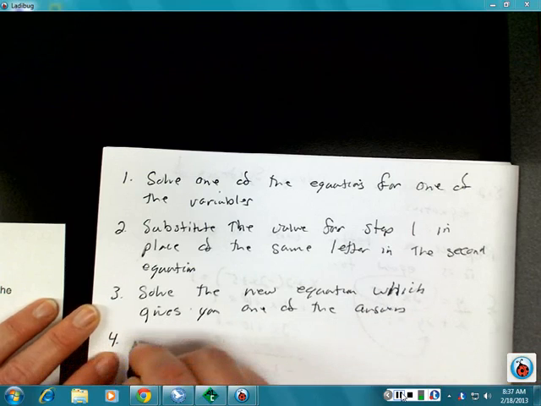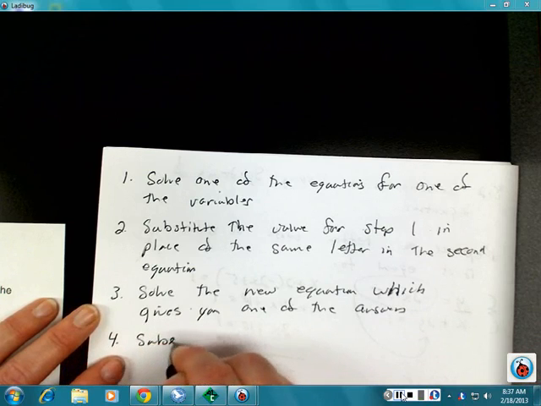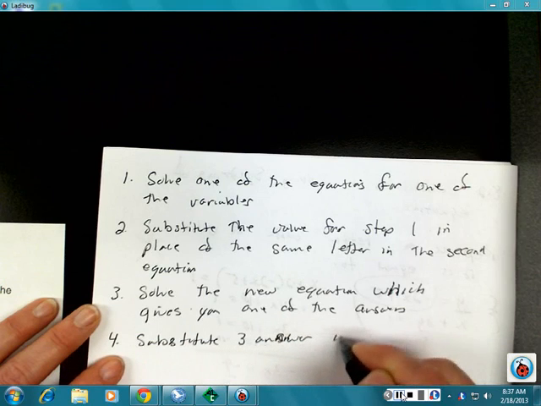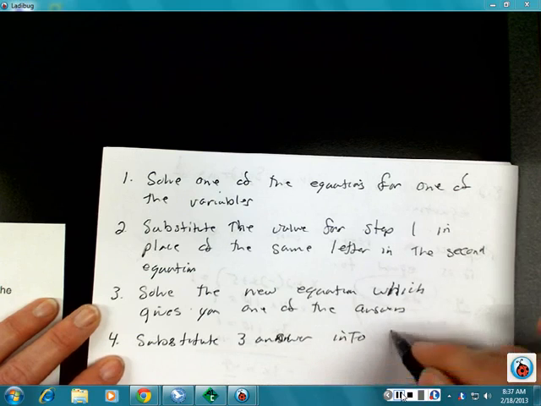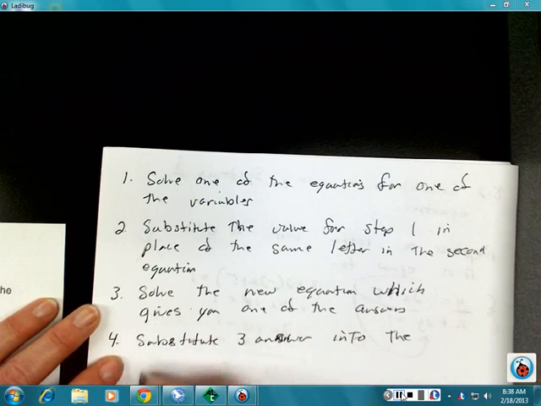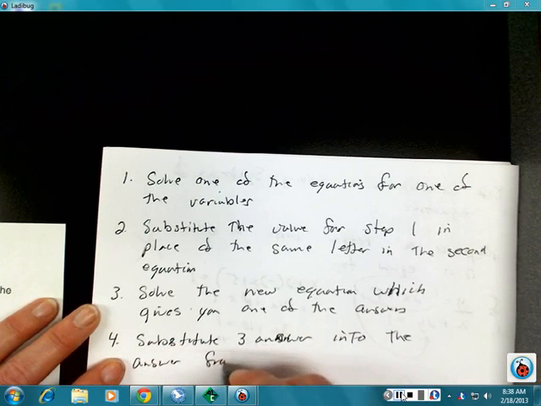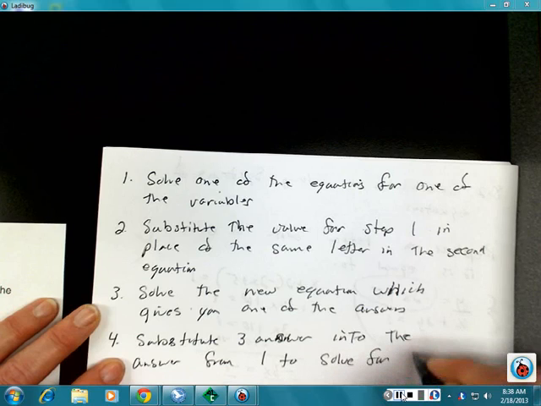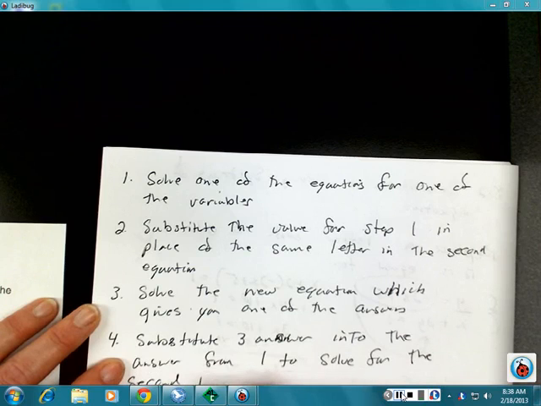Step 4, substitute step 3's answer into the answer from step 1 to solve for the second variable.